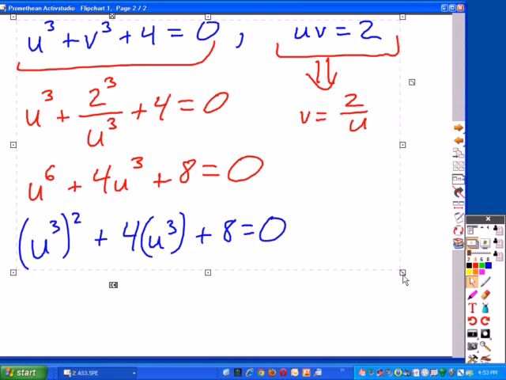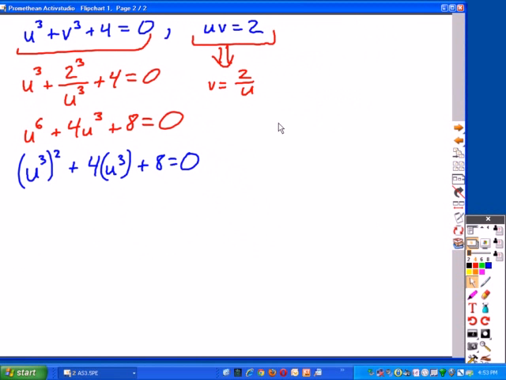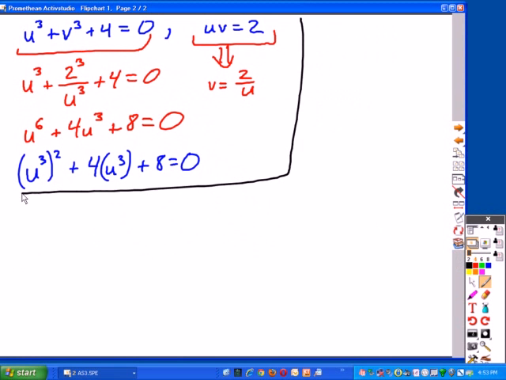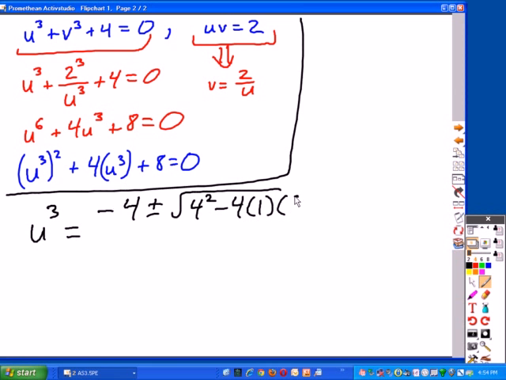So again, shrinking things down a little bit to avoid having to unnecessarily go to another page. Okay, what we know is that u cubed, the variable, is the negative of the linear coefficient, so it's negative 4 plus or minus the square root of that coefficient squared minus 4 times the leading coefficient times the constant term, all over 2 times the leading coefficient.